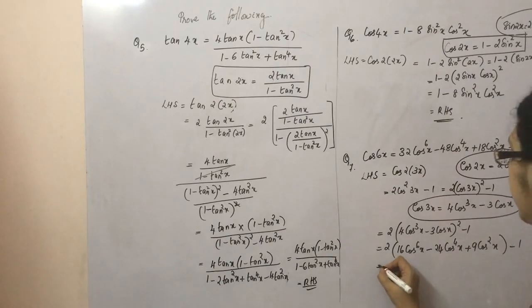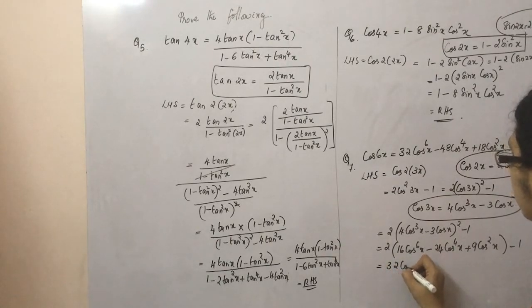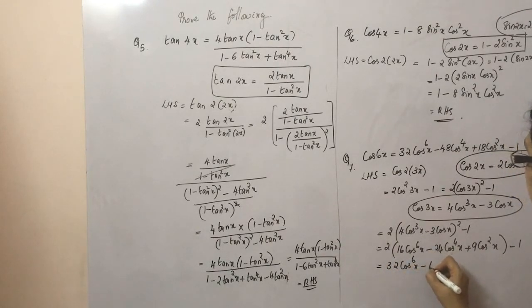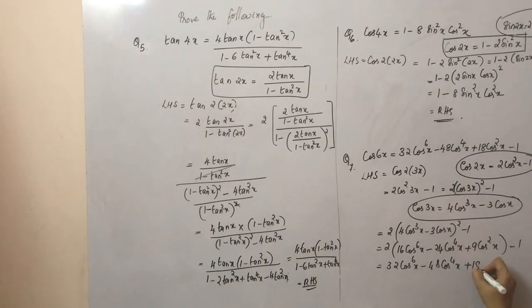So this gives me 32 cos raised to 6x minus 48 cos raised to 4x plus 18 cos squared x minus 1. And that gives my RHS, the proof. Am I clear? Okay. Go through.